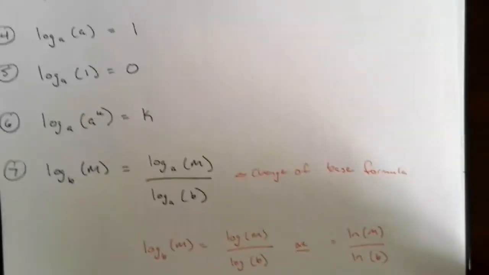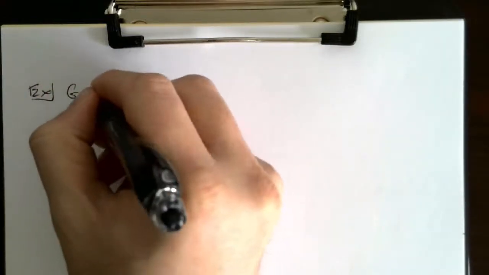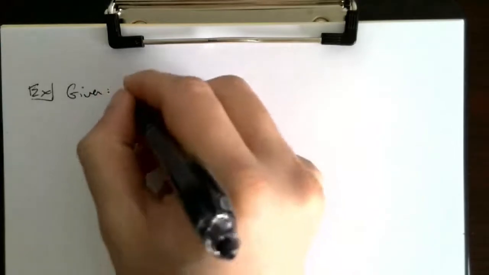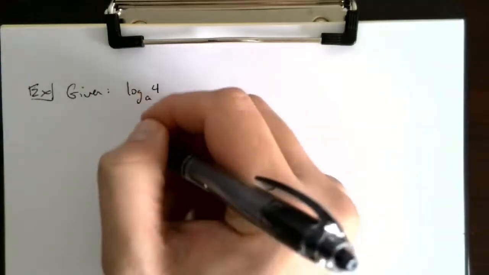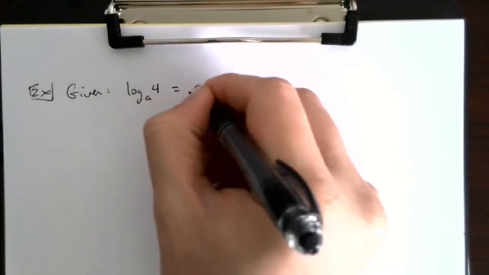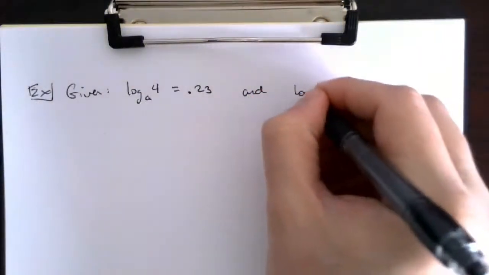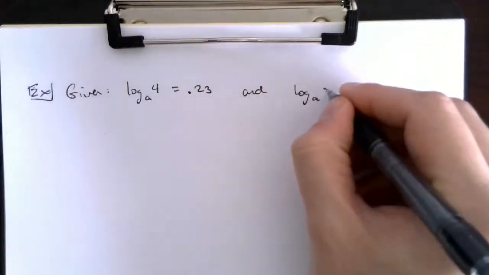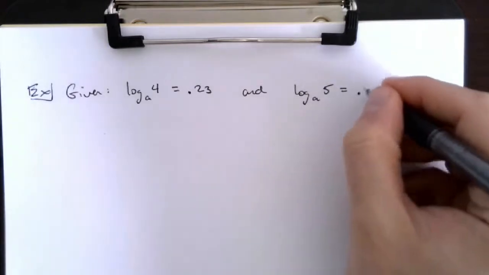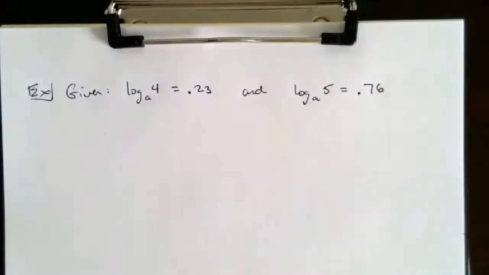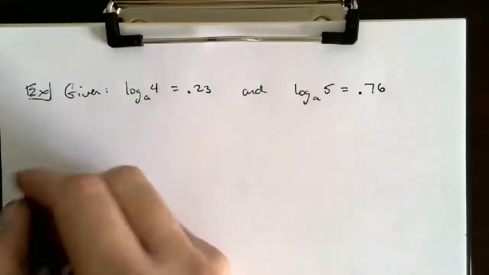Let's take a look at some examples using these rules. So, for example, if I said we are given, so we're telling you this part, log base a of 4 equals 0.23, and log base a of 5 equals 0.76, we're going to use the log rules to help us find very specific calculations.